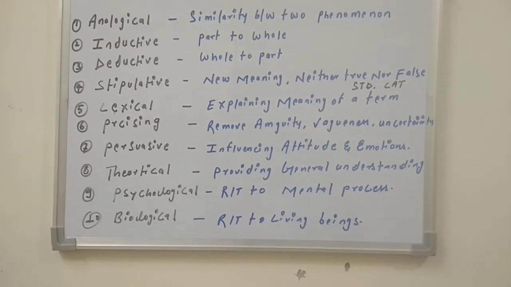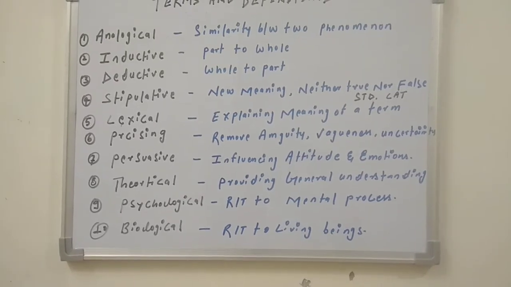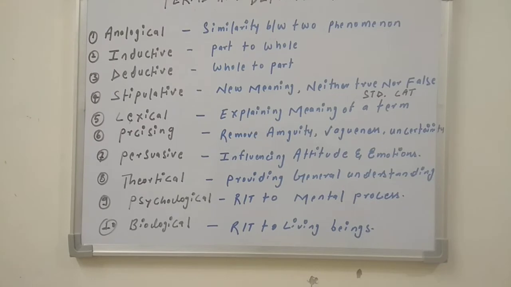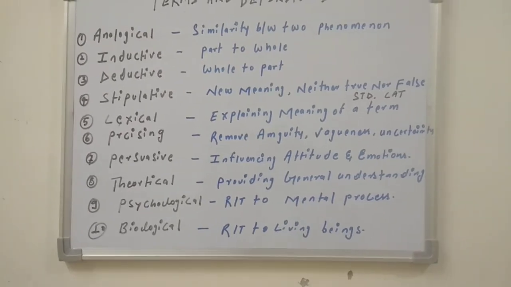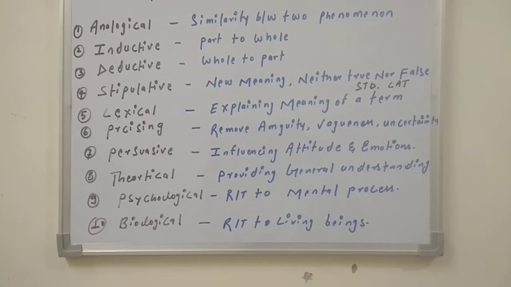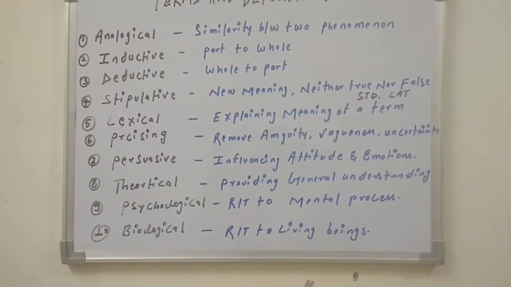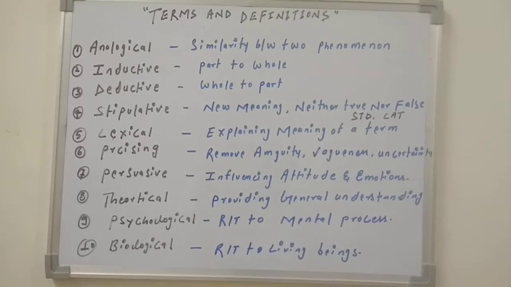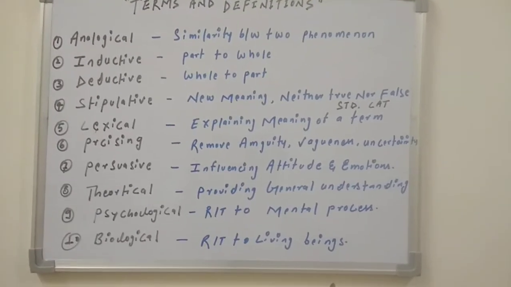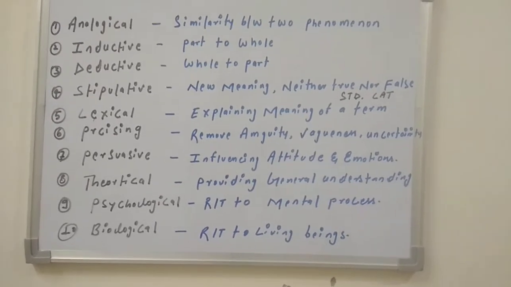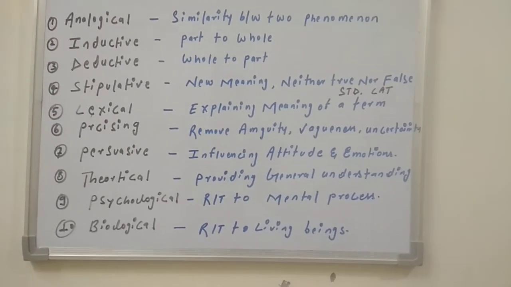Next, seventh, is the persuasive definition. Persuasive means when any sentence or message influences the attitude and emotions of any human being, then it is known as persuasive. It could be any place, any memory, anything which is influencing your attitude or your emotions.